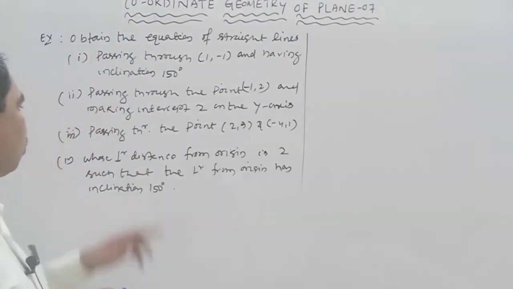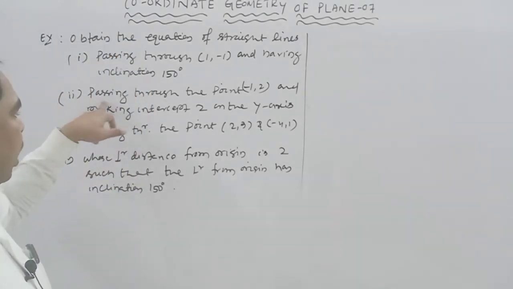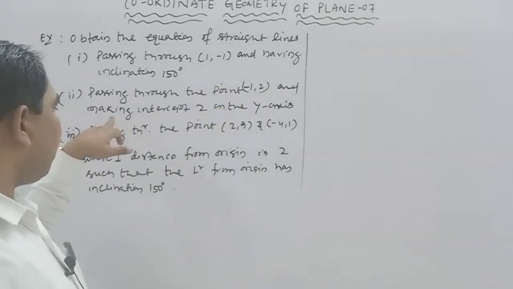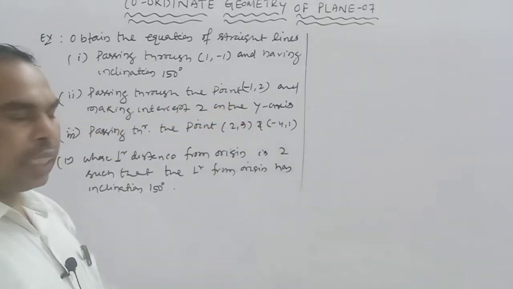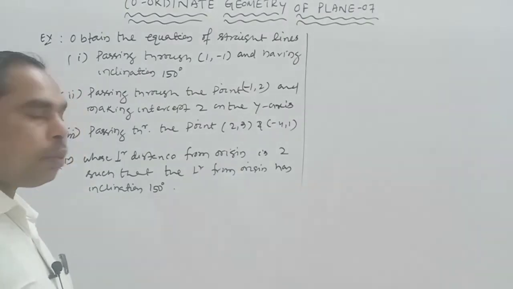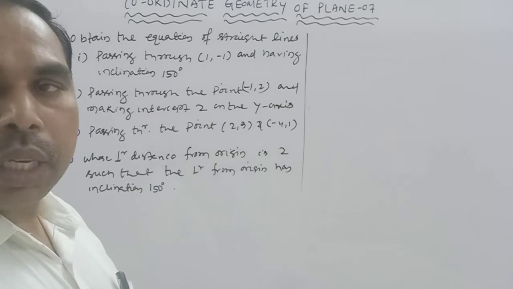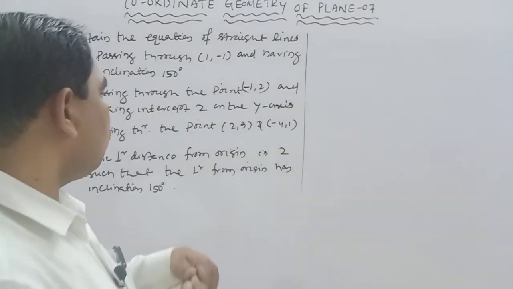Next, question number 2. Find the equation of the straight line passing through the point minus 1 comma 2 and making intercept 2 on the y axis. Making intercept 2 on the y axis means the line passes through 0 comma 2.